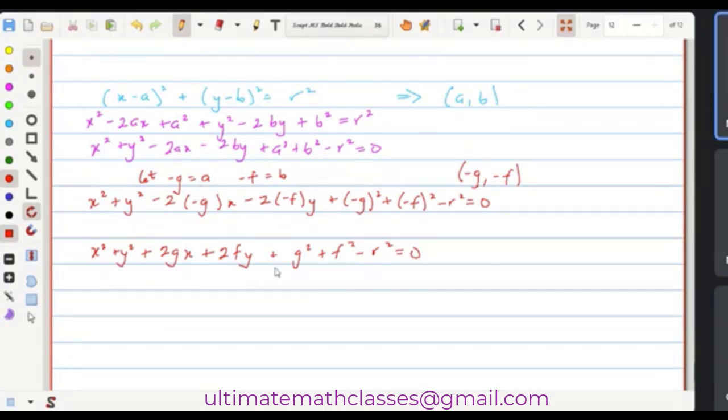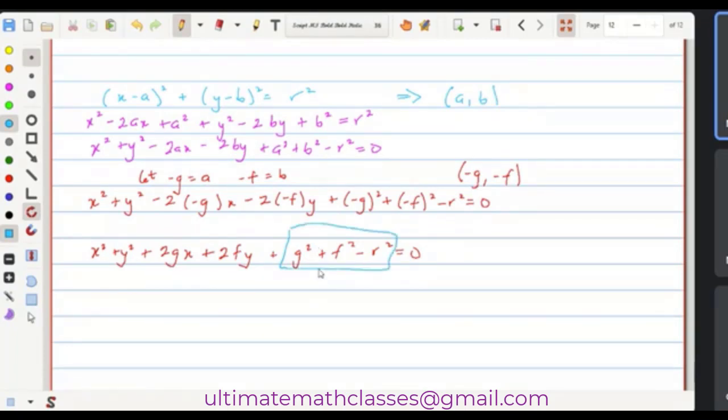Again, this is a lot of things to recite. If I tell you to write the general equation of the circle, it's x squared plus y squared plus 2gx plus 2fy plus g squared plus f squared minus r squared. It's a lot. So what we're going to do is to clip this part as one, so that we don't say a lot of things.